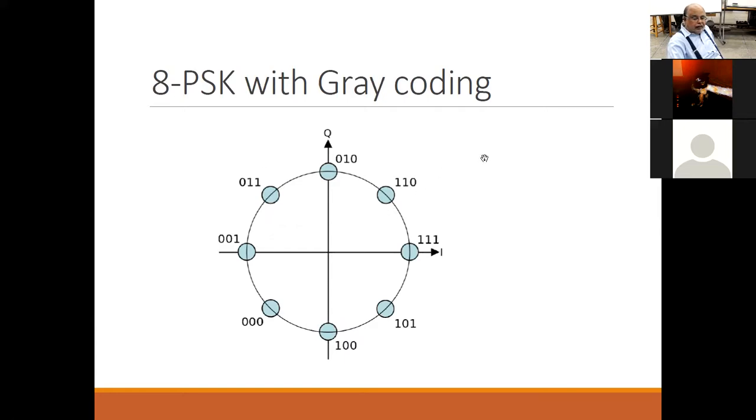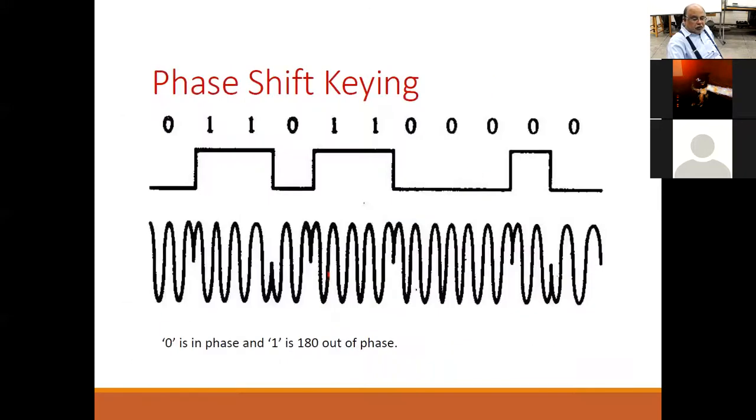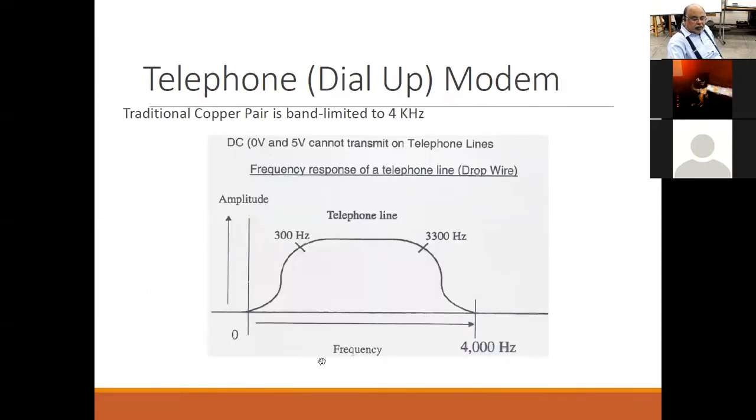That is how we were able to achieve higher bit rates within the band. If you stay in the same band, you cannot send such a high frequency signal unless you have this phase lock loop and phase shift keying and this kind of stuff.